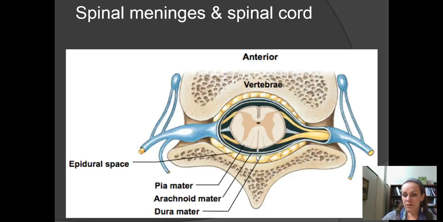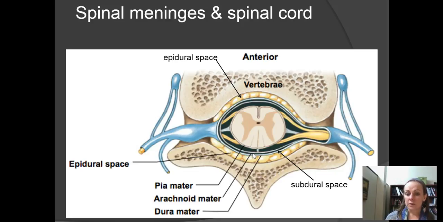Then in between dura mater and arachnoid mater, we're going to have the subdural space. That's this black line right through here. In healthy individuals, that space really doesn't have anything collected in it. It's a potential space.